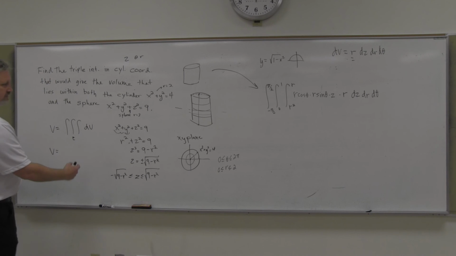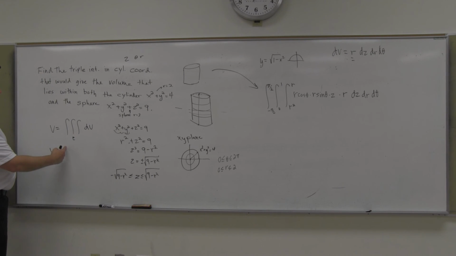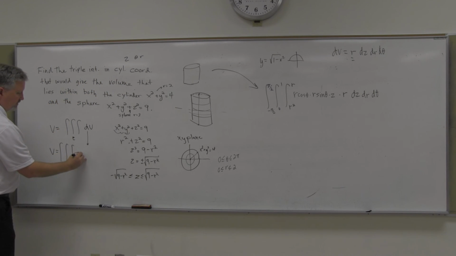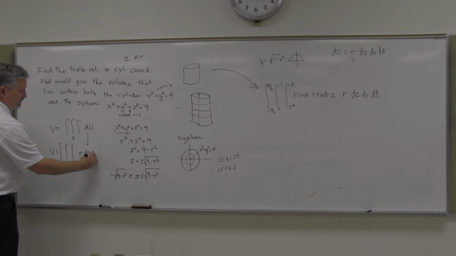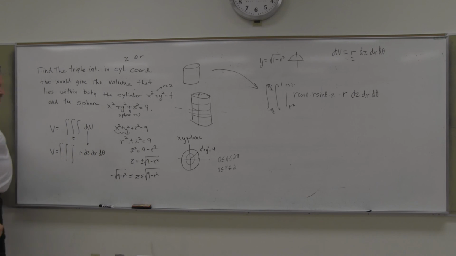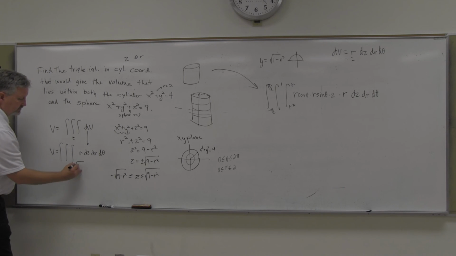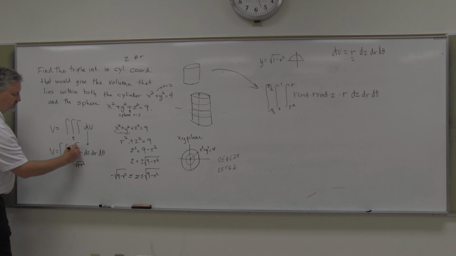And so that's my limits for all of them. Now the only thing is, again, dV is r dz dr d theta. The z's, we know, go from negative the square root of 9 minus r squared to positive the square root of 9 minus r squared.